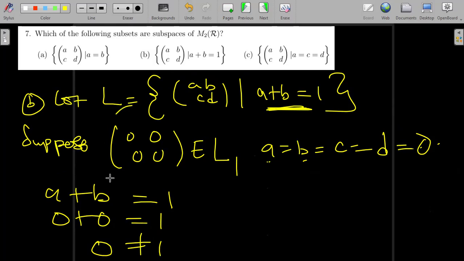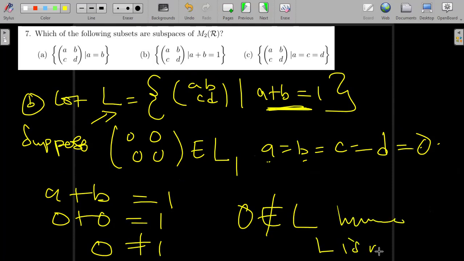Meaning this zero vector or zero matrix is not a part of this. So 0 is not a part of L. Hence L is not a subspace, or it's not a vector space.